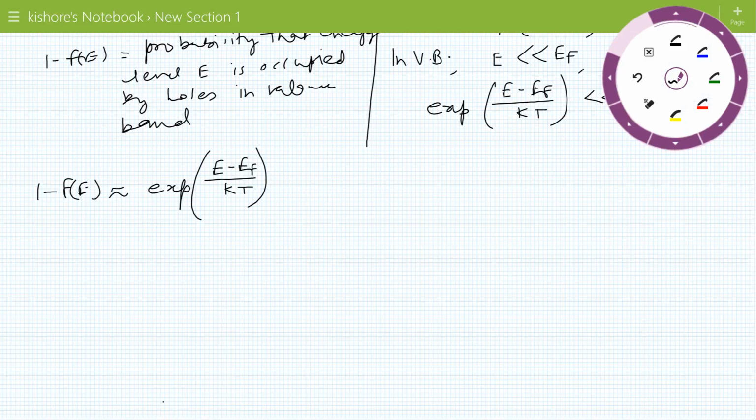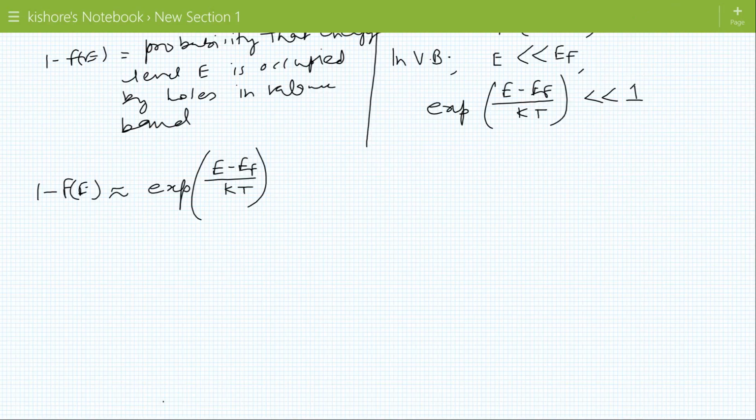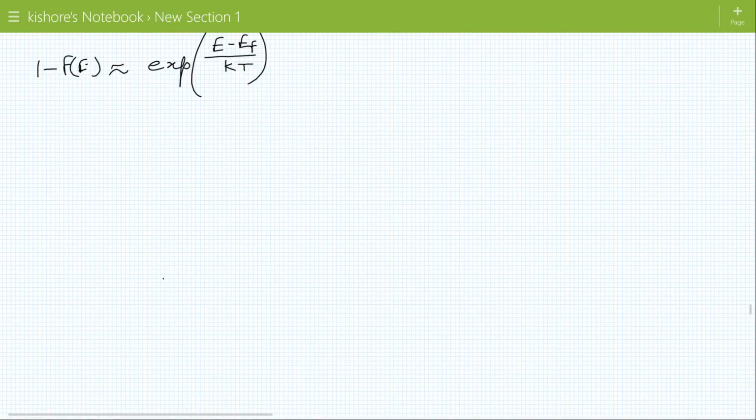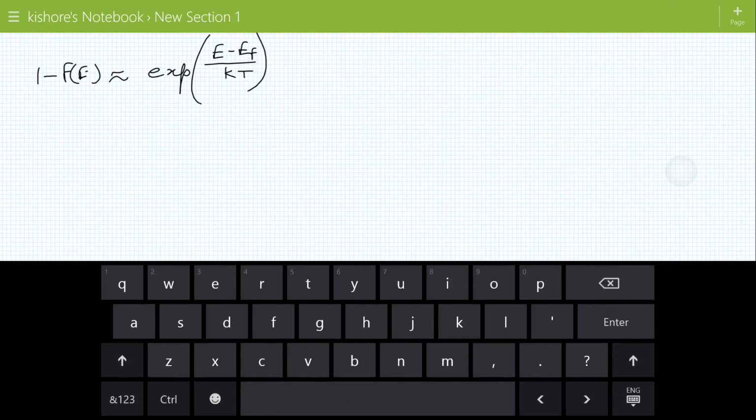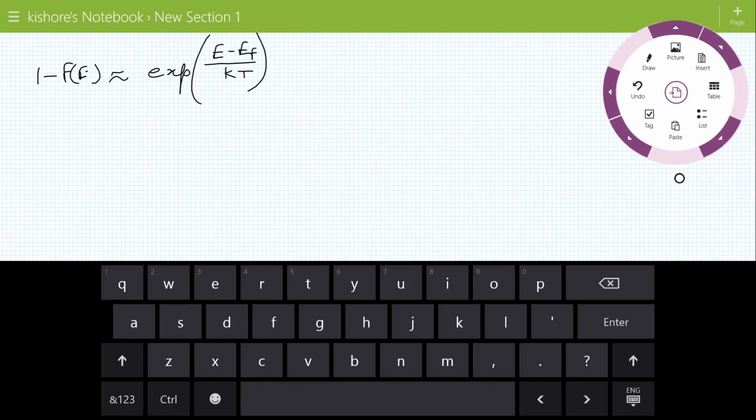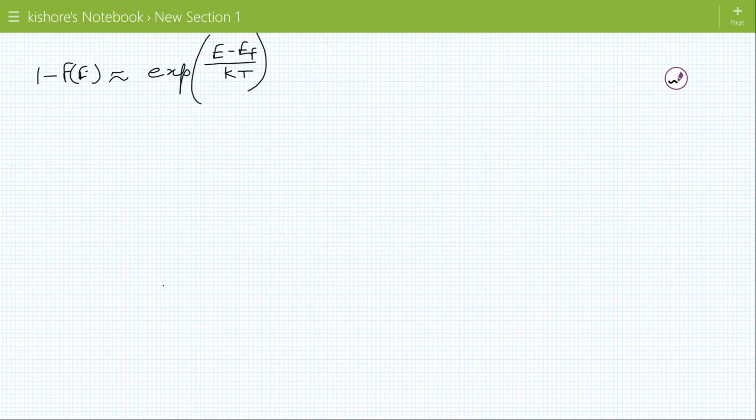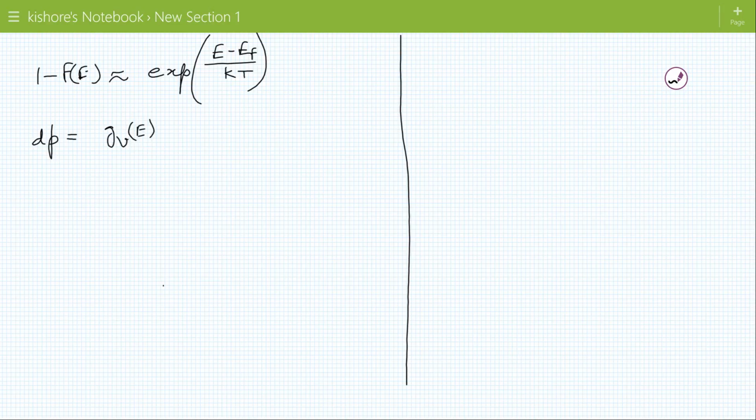So now substituting the expression for GVE and 1 minus Fe in the expression of dP. This is GVE (1 minus Fe) dE.